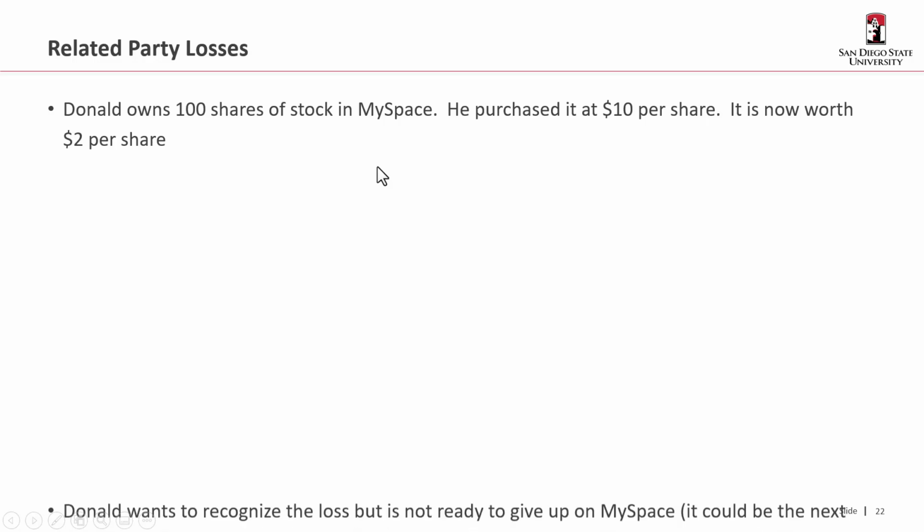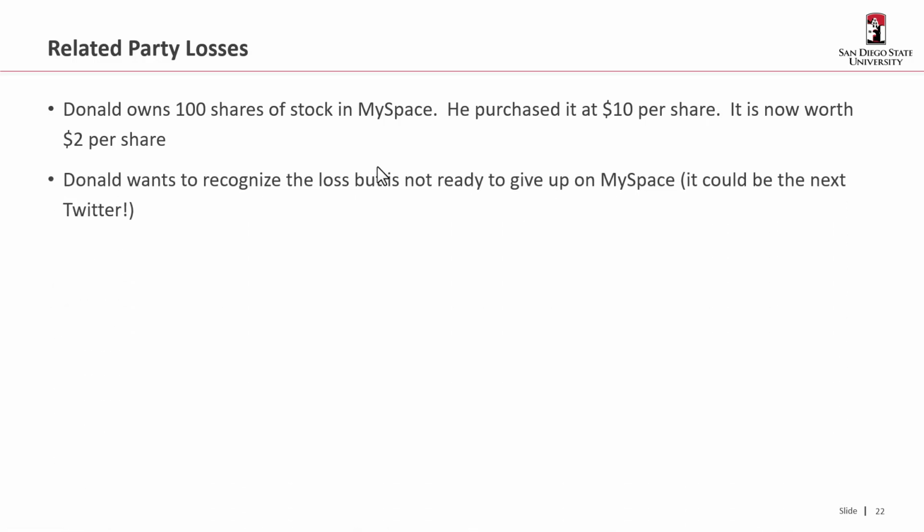But the reality is he thinks, gosh, I want to recognize the loss because I have this paper loss, this unrealized loss that I'd like to realize and then recognize. But Donald's not quite prepared to give up on MySpace because he's thinking, maybe it could bounce back like Twitter did and recover all its price, and then he'd be a billionaire.